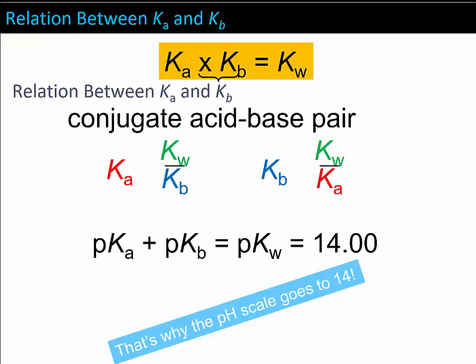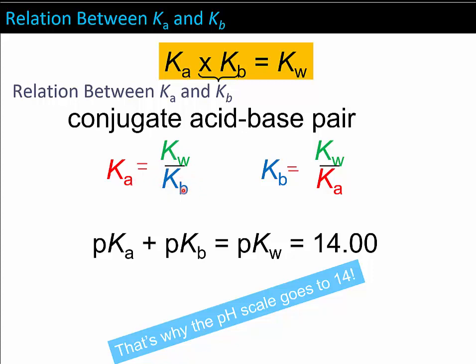We are able to interconvert between a Ka and a Kb. So our Ka is going to be Kw over Kb, and Kb is going to be Kw over Ka. So it's very similar to the trick we just did a second ago, where we wanted to find out the H plus concentration. We took Kw, 1 times 10 to the minus 14, divided by the amount of hydroxide we have.